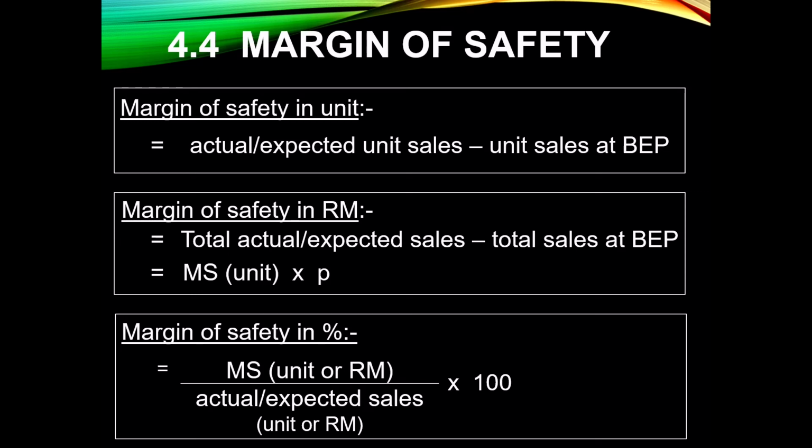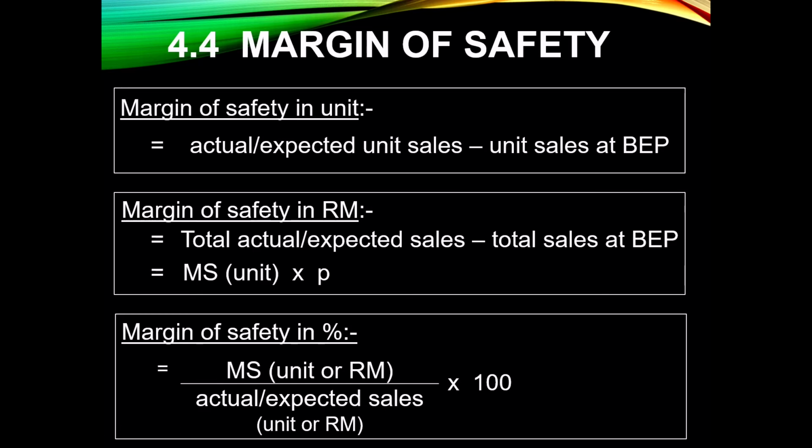These are the formulas to calculate the margin of safety. Margin of safety in unit is equals to the actual or expected unit sales minus unit sales at BEP. Margin of safety in Ringgit Malaysia equals to total actual or expected sales minus total sales at BEP.